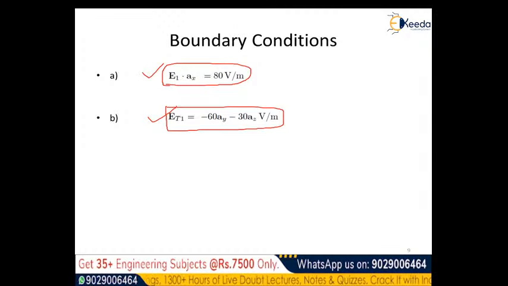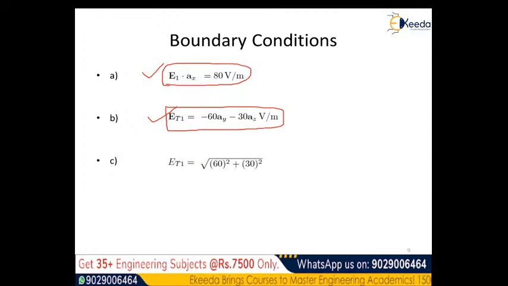Now we have to move on to part C. In part C we require the magnitude of the tangential component that we have just computed. So we have the vector minus 60 ay minus 30 az. Its corresponding magnitude will be obtained just by taking the square root. Inside the square root we have to make a summation of the squares of the coefficients.